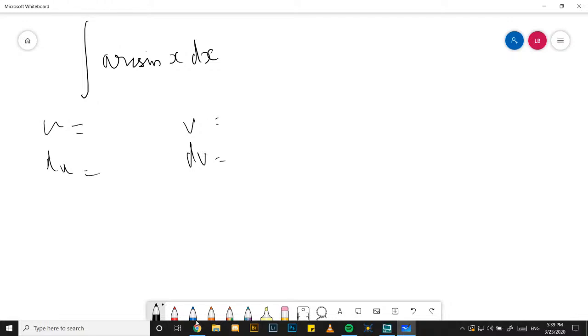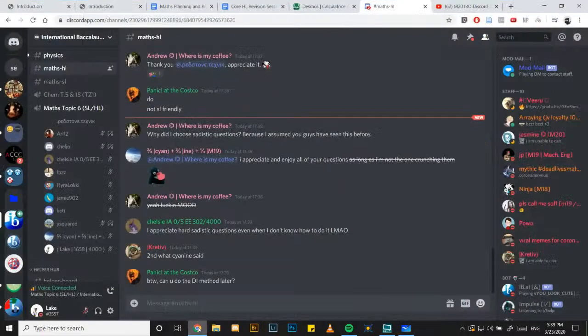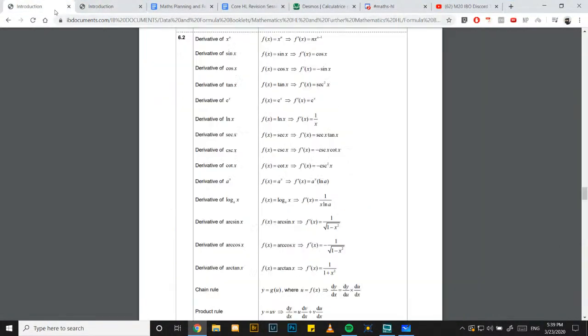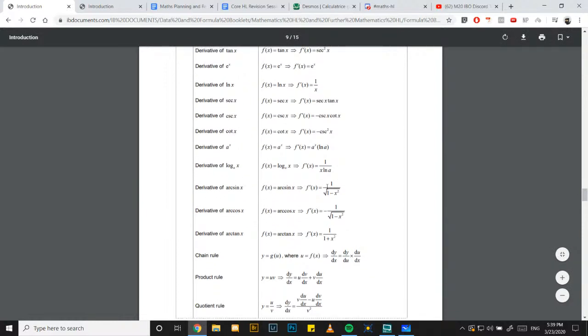I set dv equal to 1 dx, and then I know that v is equal to x. I make u equal to arc sine of x, and then du is equal to 1 over the square root of 1 minus x squared.